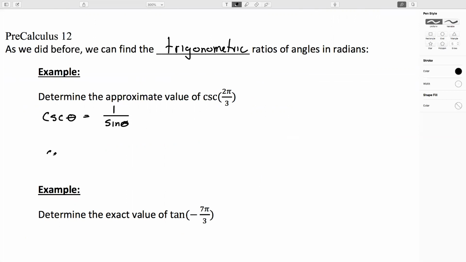So cosecant of 2 pi over 3 is actually 1 divided by sine of 2 pi over 3. Basically, you calculate sine of 2 pi over 3, and then you can carry your answer, so you go 1 divided by second answer, and you'll get 1.15.